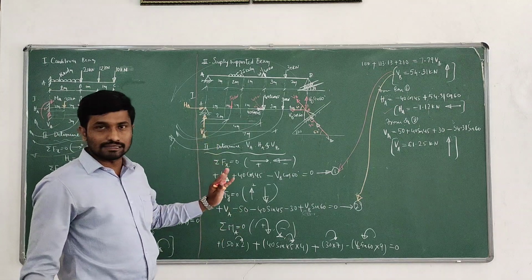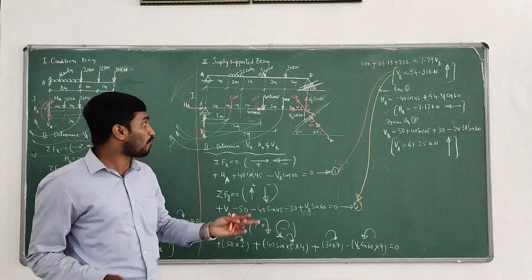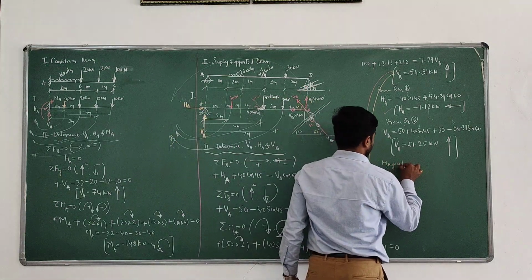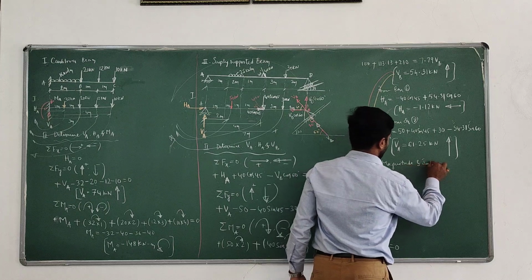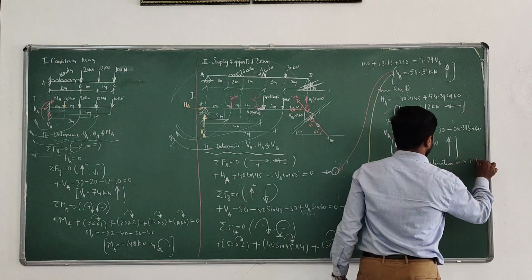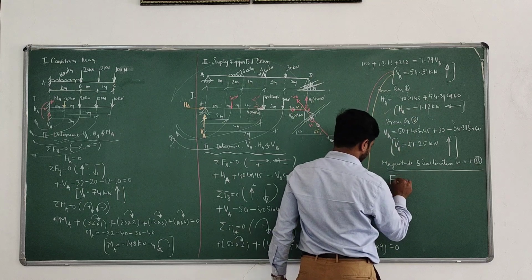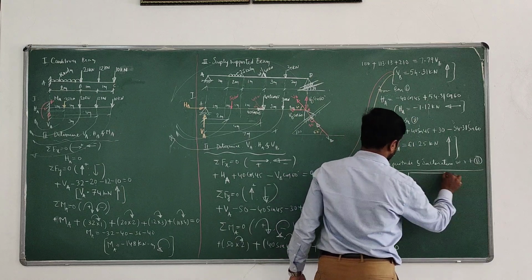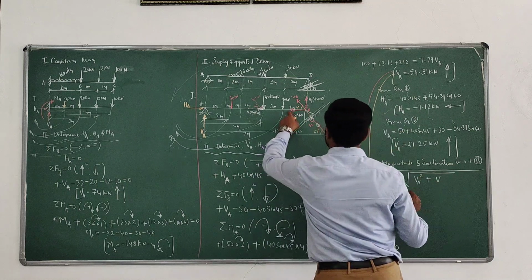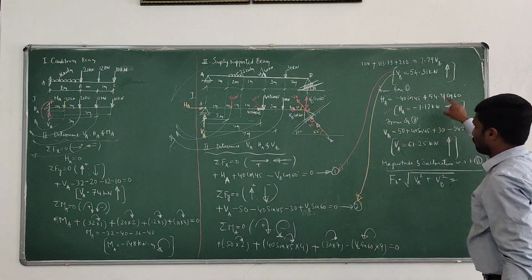Sometimes in problems they may ask you to compute the magnitude and its inclination with respect to joint B. Then FB equals square root of VA square plus VB square, that is the magnitude.